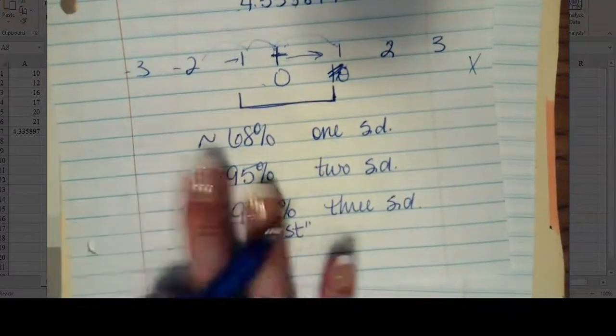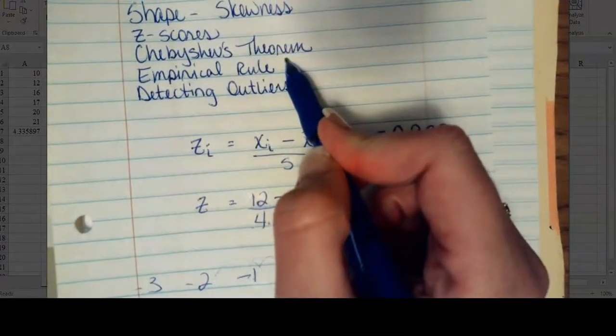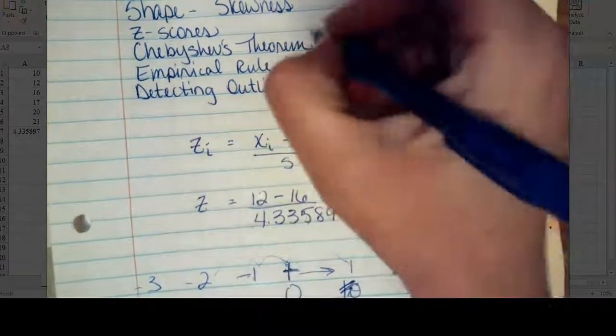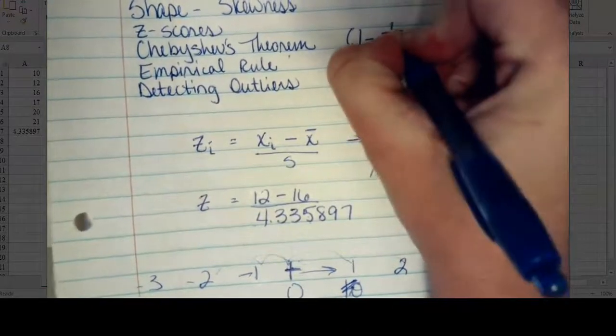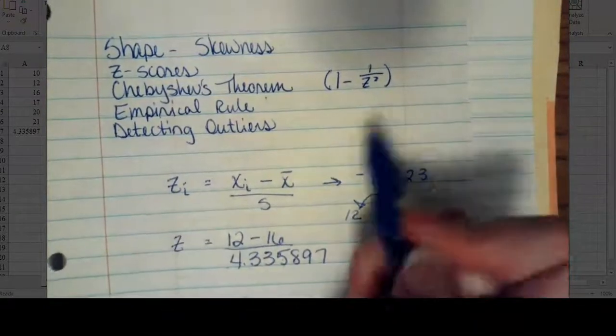Now, another method, and we're going to look at Chebyshev's theorem. Chebyshev's theorem simply is another perspective on this. Once you have determined your z-score, you can use that information.